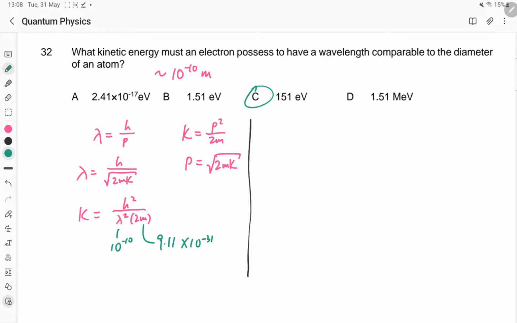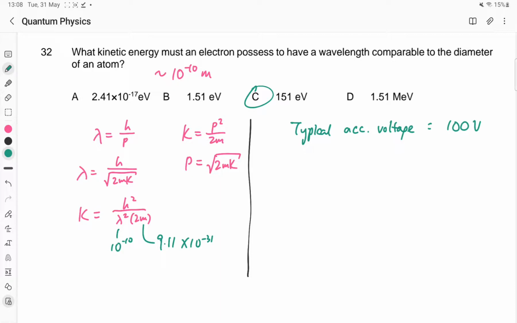A typical accelerating voltage that we will use in the lab, just remember this number, is around 100 volts. This is a ballpark figure, because you see your AC power supply is 240 volts. So we use typically 100 volts.